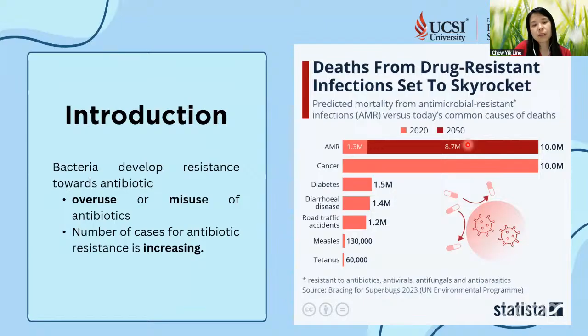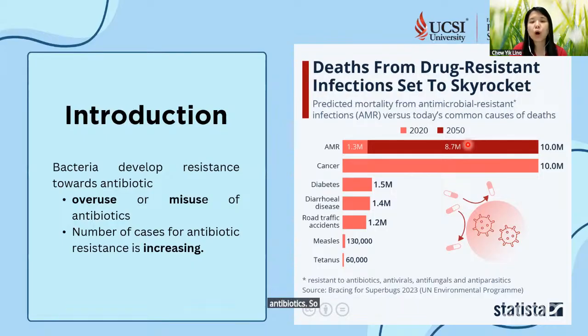So this also means that bacteria are developing resistance towards antibiotics, and there is a reason why. One of the reasons is the overuse of antibiotics, okay? And the second one is misuse of antibiotics.